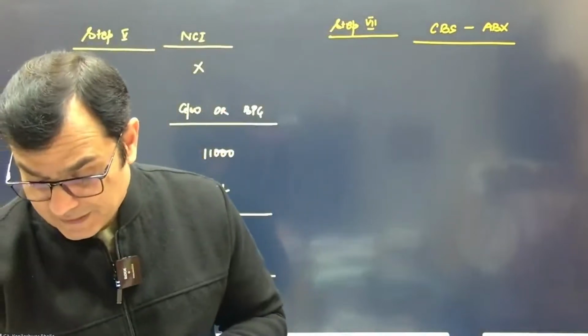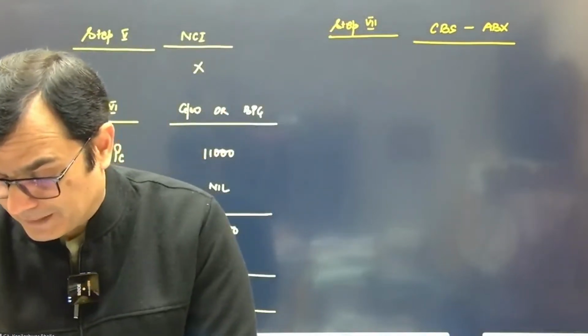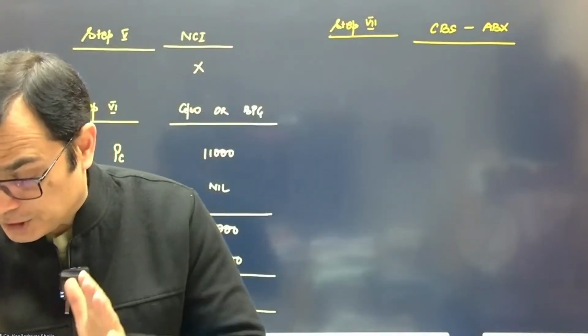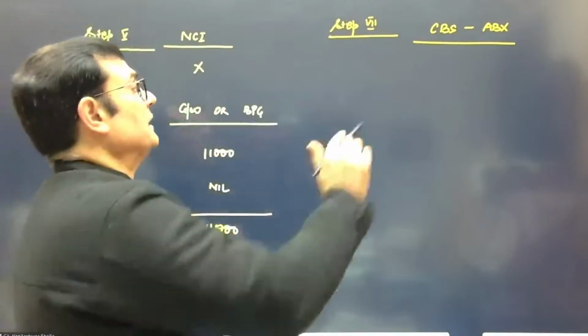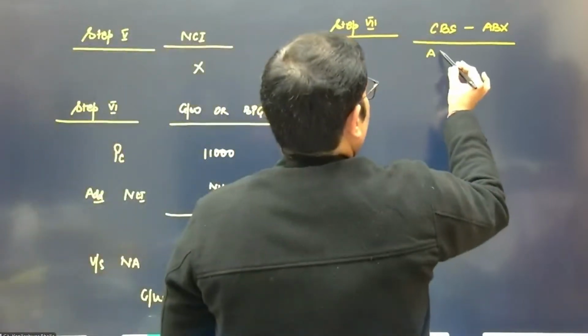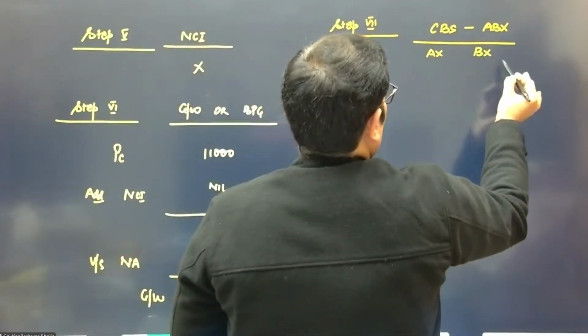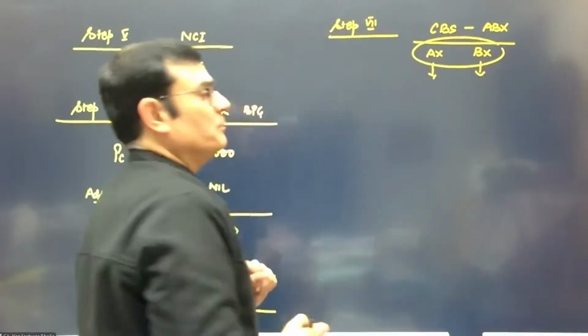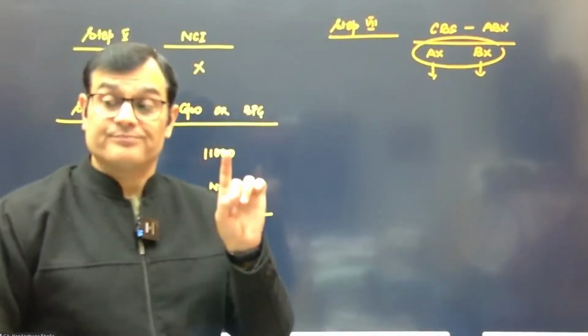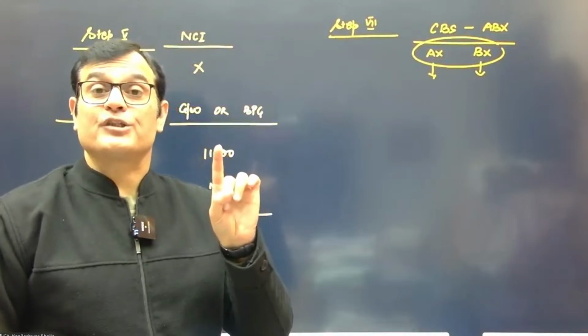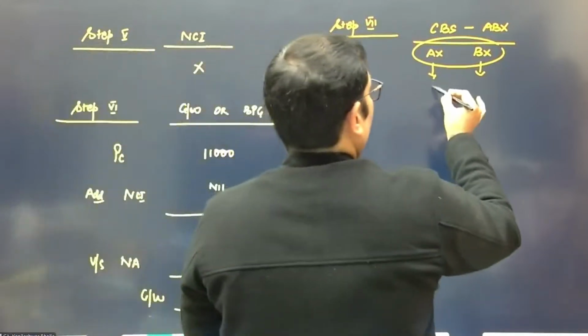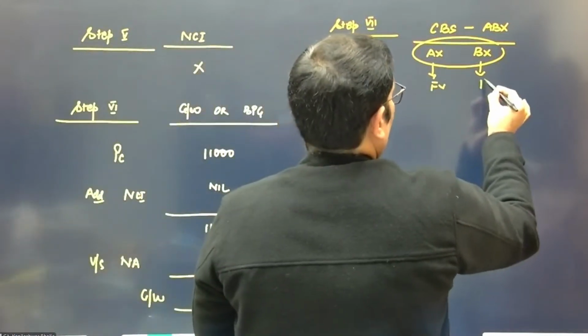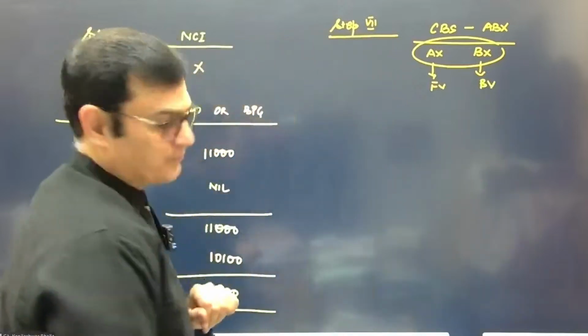So I guess we can just look at the figures in the balance sheet. I'm keeping the question in front of me. First tell me, for AX and for BX, when you make the balance sheet, whose fair value will be taken, AX or BX? The acquiree is AX, so we'll take the fair value of AX and we're going to consider the book value of BX.